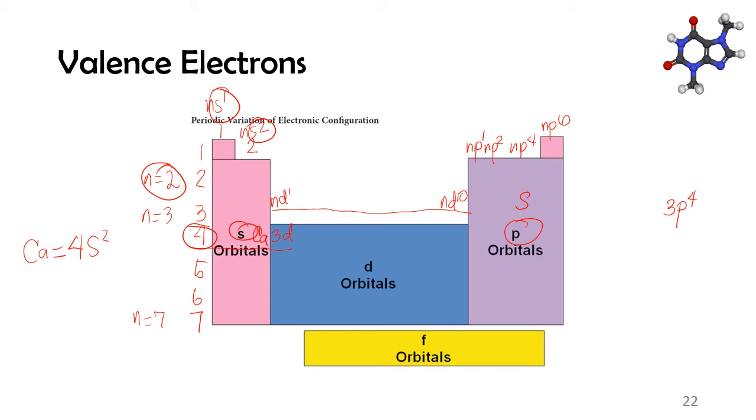Backfilling the other orbitals in the same energy level gives us 3s2, 3p4. The noble gas preceding sulfur is neon. Therefore, we can write sulfur's noble gas electron configuration as S equals neon 3s2, 3p4.